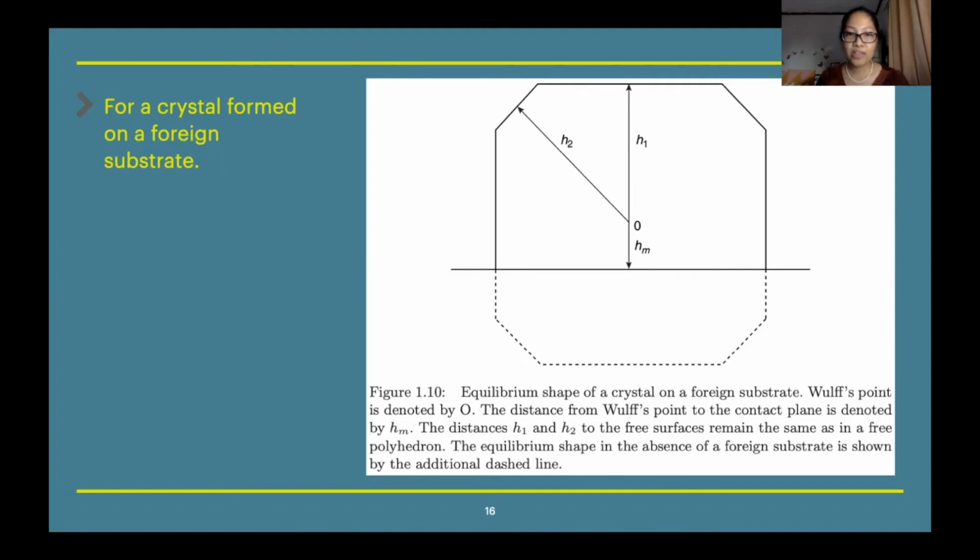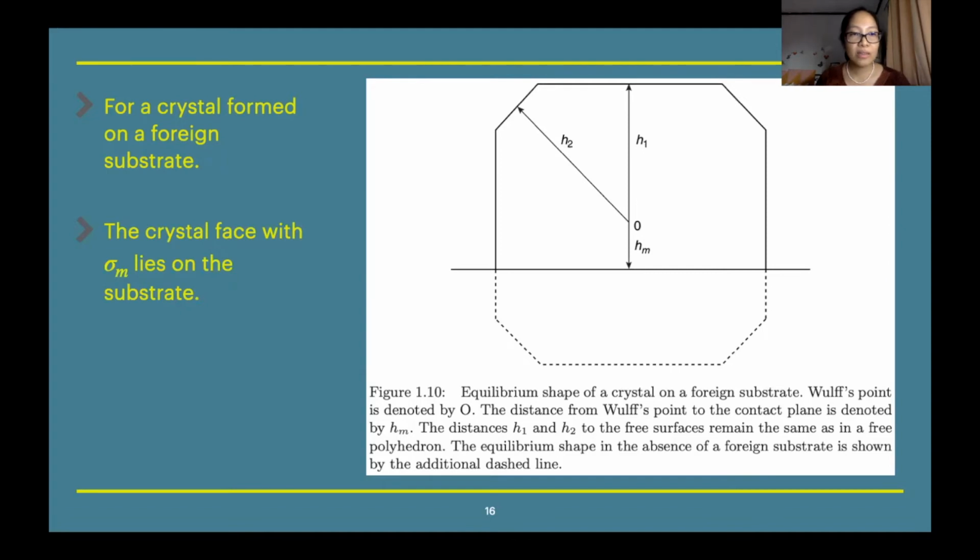So Wulff's point is denoted by O. The distance from Wulff's point to the contact plane is denoted by h sub m. And in this case, where there is a foreign substrate, the distances h1 and h2 to the free surfaces remain the same as in a free polyhedron.